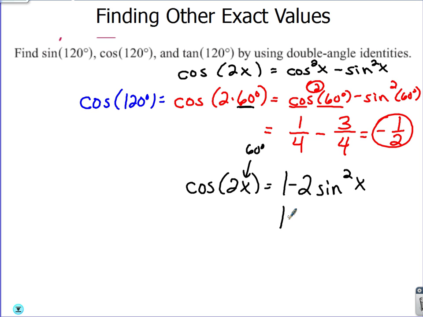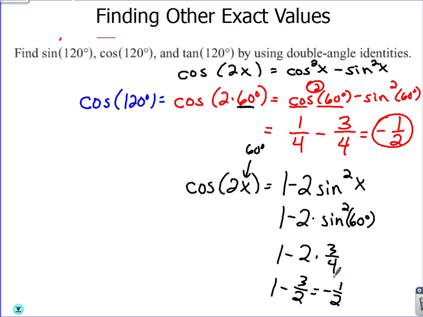So you have 1 minus 2 times the sine of 60 squared. The sine of 60 was root 3 over 2. When you square root 3 over 2, you get 3/4. So that'd be 1 minus 6/4, which would be 1 minus 1.5, which would be negative 1/2. Same answer.